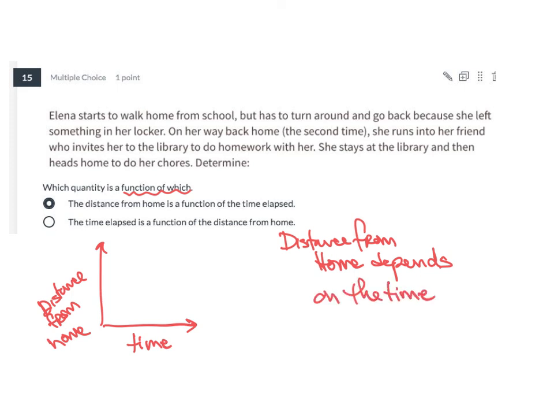We know that the y-axis is always our dependent, right? X-axis is always our independent. And then what we're going to do is take out the word depends and say function. So distance from home is a function of the time, or the time elapsed. That's why the first one is our answer.